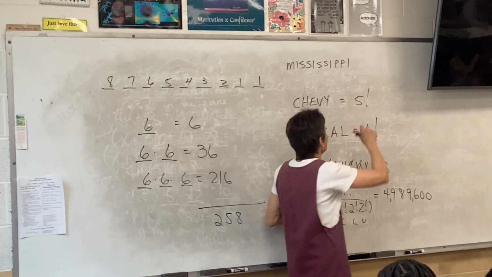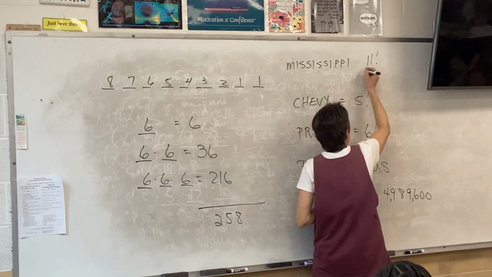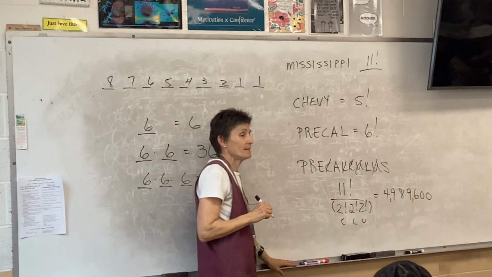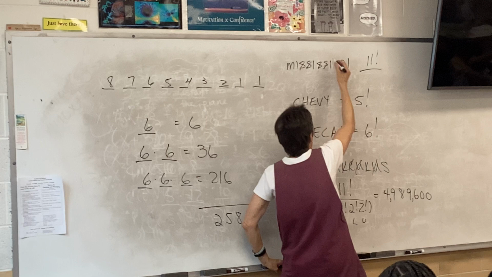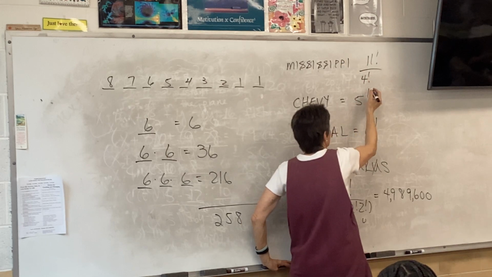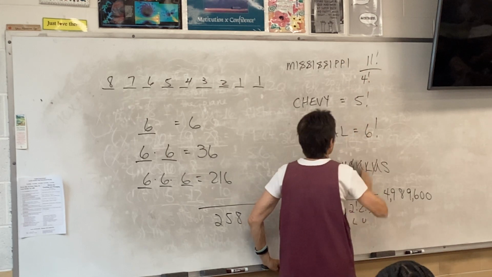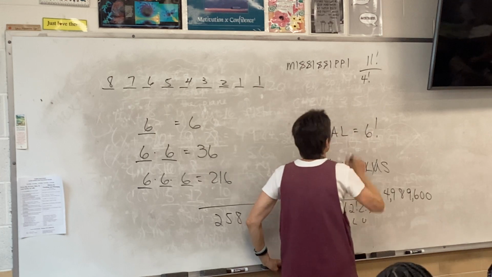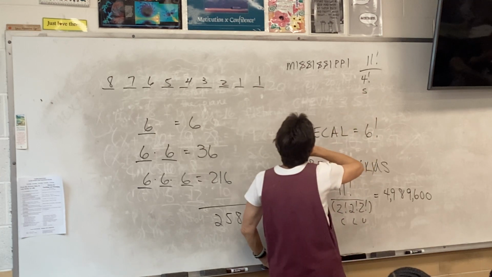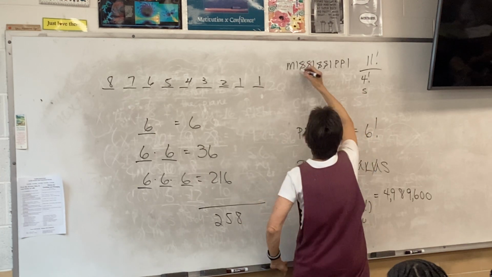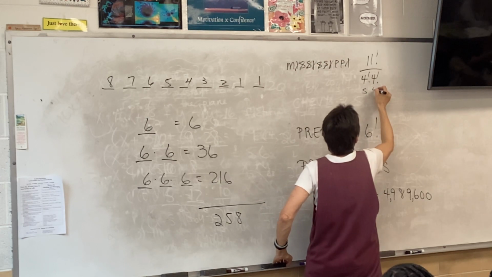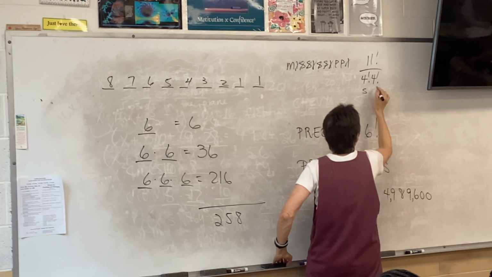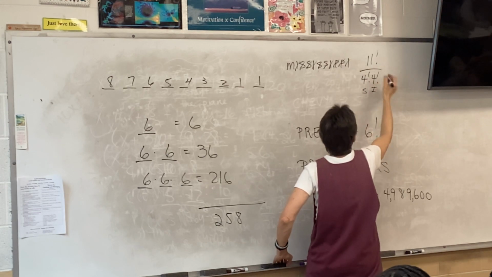There's 11 of them. So we're going to start with 11 factorial, but some of them repeat. So it looks like we've got 4 S's, 4 I's, and 2 P's.